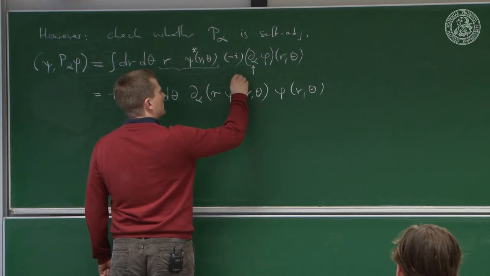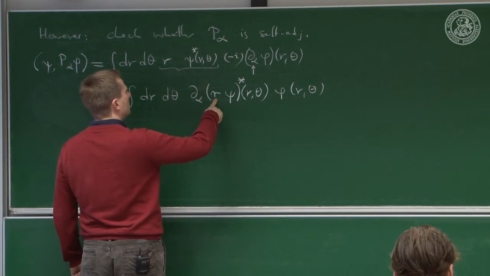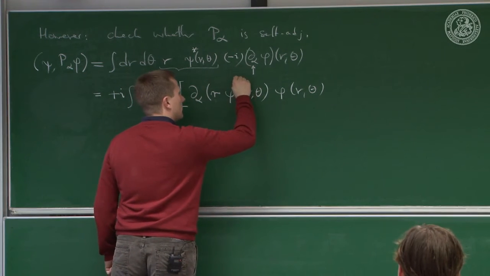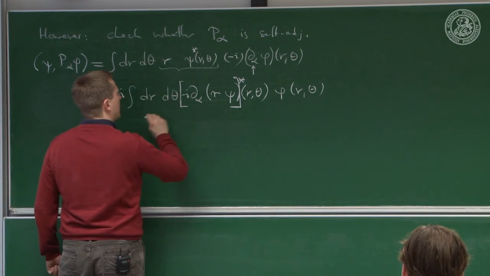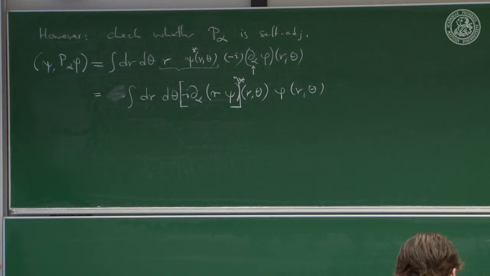We can still star here because the r is, of course, real. And we can also put brackets before we star the whole thing and pull this guy in with a minus i. And we already see what the problem is.